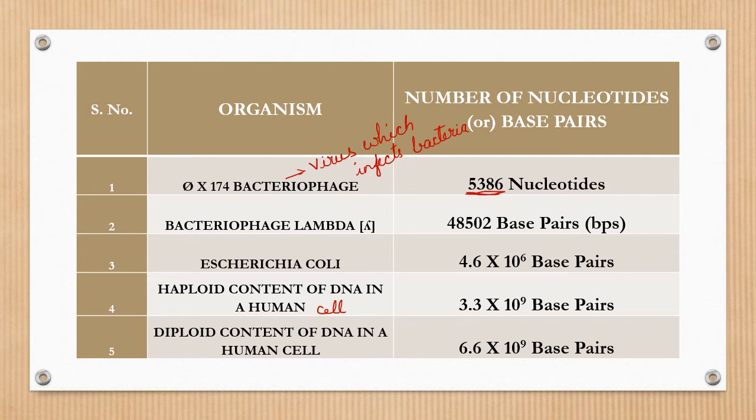DNA is longer compared to the phi X 174 bacteriophage. The smallest DNA we find in the phi X 174 bacteriophage, and the longest DNA is present in the diploid content of DNA in a human cell. So the length is determined by the nucleotide number, or base pair number, of a DNA.